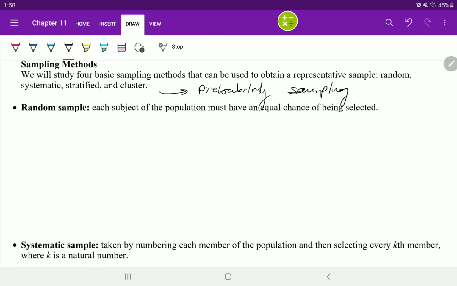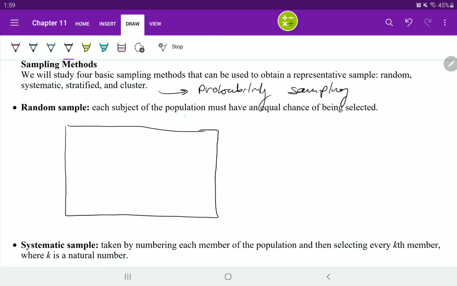So what I'm going to do is explain each type of sampling, and then draw a diagram that represents the type of sampling that I'm focusing on. So, a random sample. Each subject of the population must have an equal chance of being selected. Here's our population. I'm going to draw a box here.